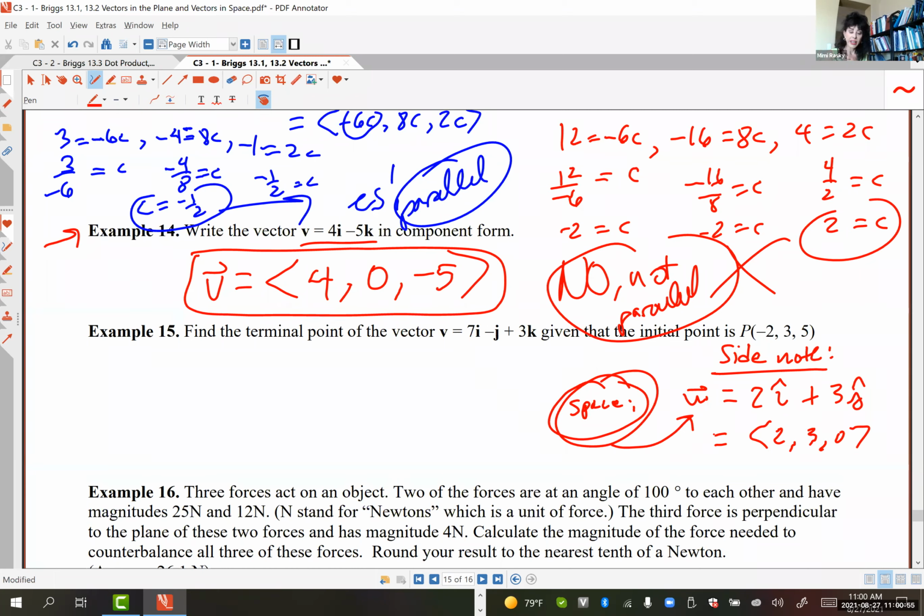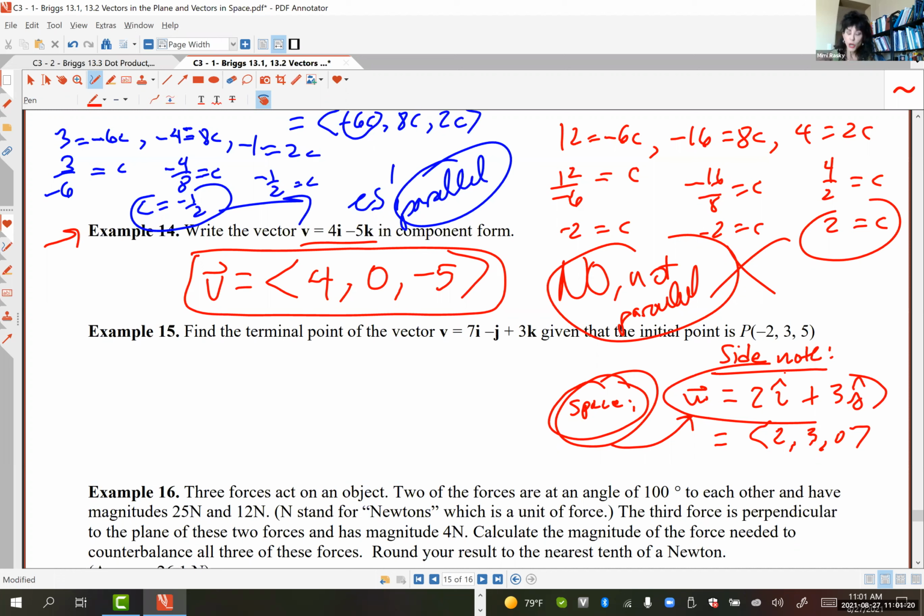Now, on the other hand, if you were told this W is a 2D vector, and you were working in the plane, then of course your component form would only have 2 components, because you don't have a K when you're working in 2D. So why, again, do I prefer component form? Because there's never any confusion about whether your vector is a 2D or a 3D vector.